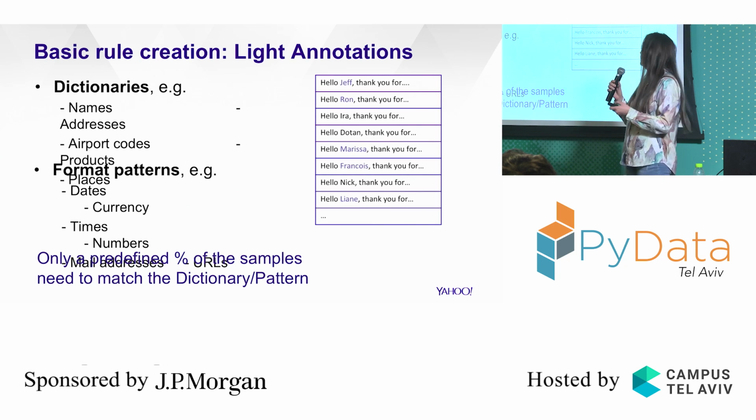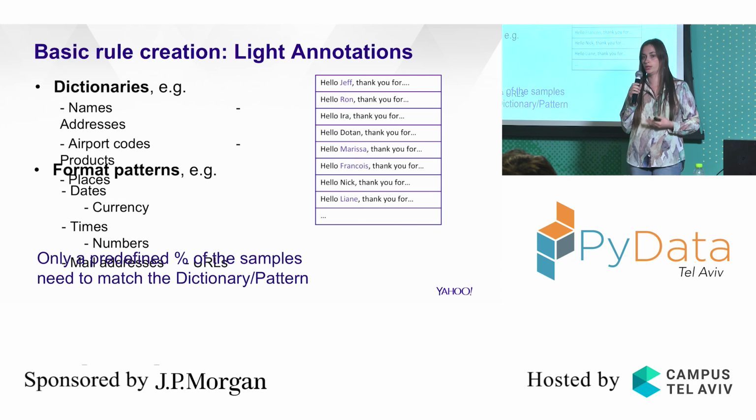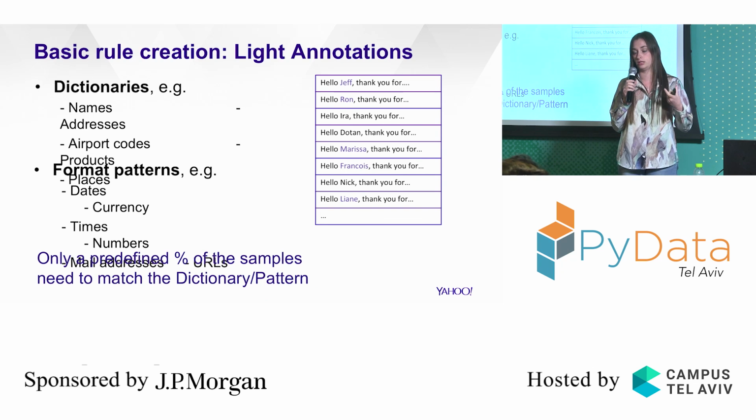For example, in this table, you can see that the second string after hello is a name. For each annotation, I created a separate dictionary. For names, I have a list of names, but I'm not able to create a dictionary of all the names in the world. It's not feasible. It would also take a very long time to check if a name is inside the dictionary or not.